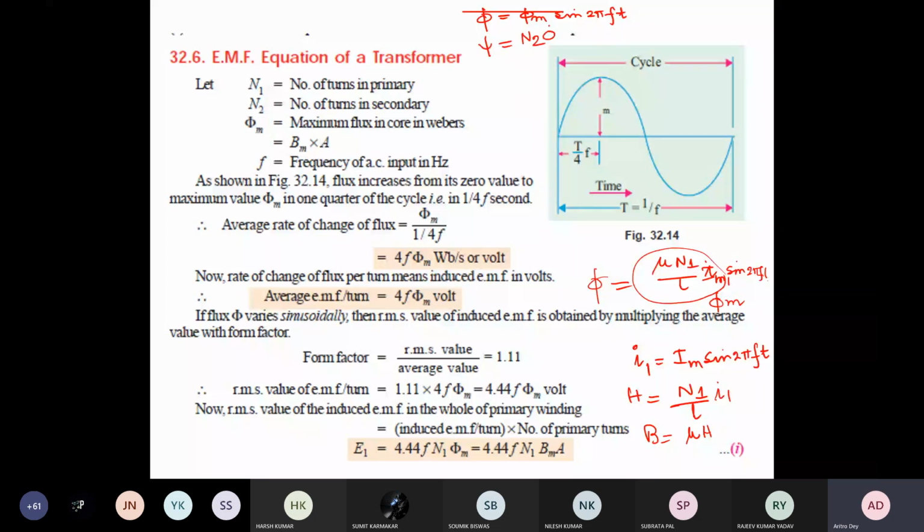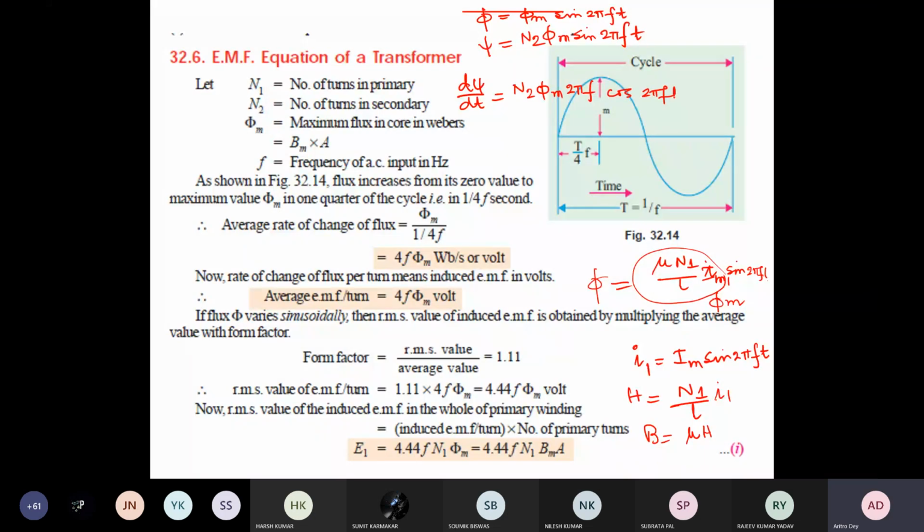Coil 2 is N2 phi m sine 2 pi f t. And now you find out d psi dt. This will be nothing but N2 phi m 2 pi f into cos 2 pi f t.